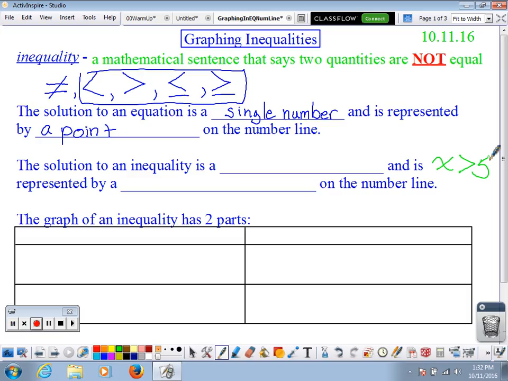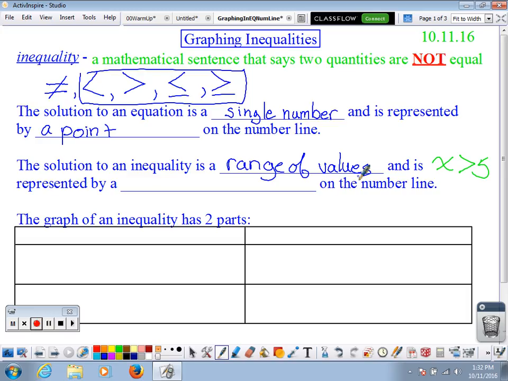Okay, we can make up some giant number, and that's greater than 5. Okay, but there's a lot of solutions that fit that. So it's not just a single number, and it's not even a list of numbers. Okay, it's a whole range of numbers. A whole range of values that's greater than 5.